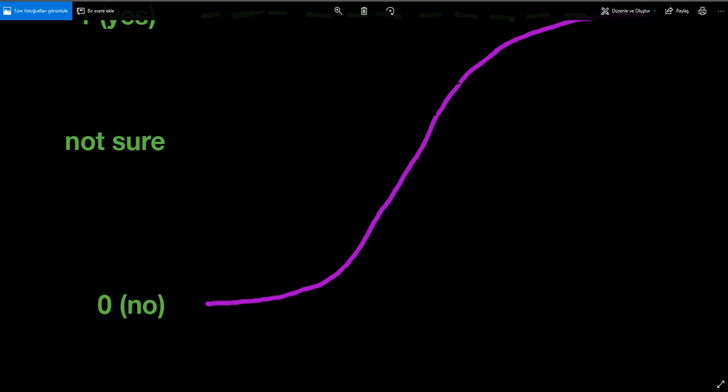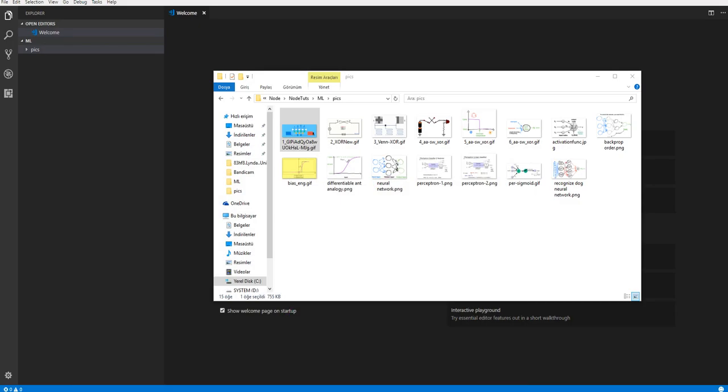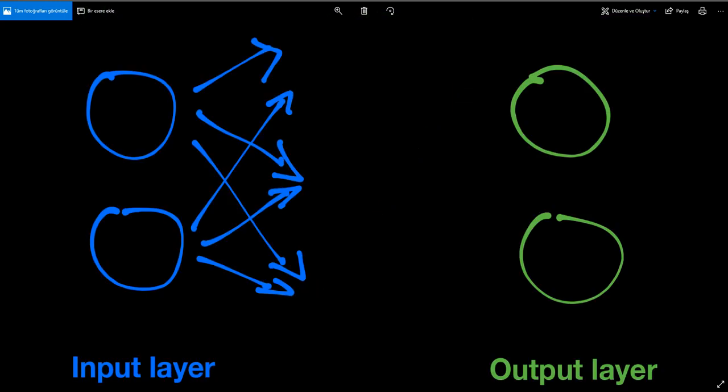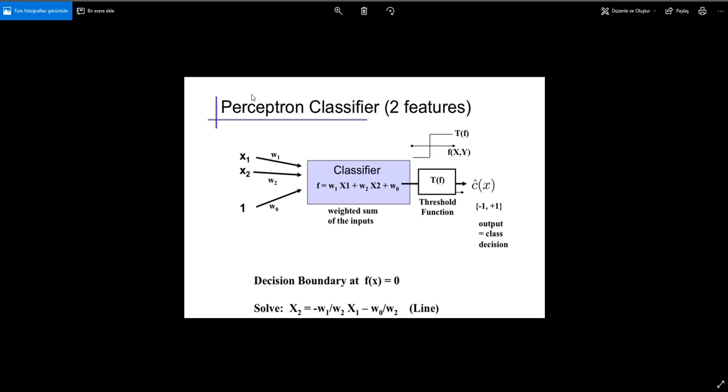We saw before that there is a threshold, above and below the 0 spot. You are not sure about 0 and 1. There is some math here, and the classifier works here: the weighted sum of the inputs, the threshold function, and deciding the output decision by using the decision boundary.